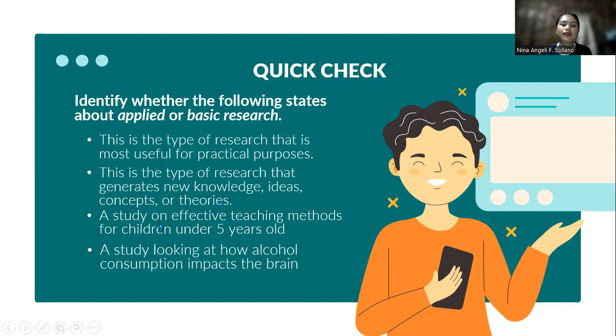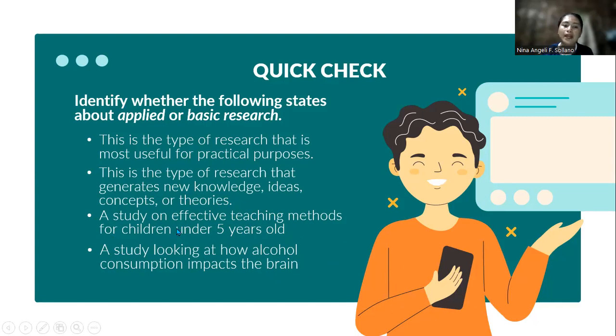Okay, next. A study on effective teaching methods for children under 5 years old. This is an example of applied because from the words teaching method, it says that it has a process and it is being applied. Okay, effective teaching methods. Next, a study looking at how alcohol consumption impacts the brain.